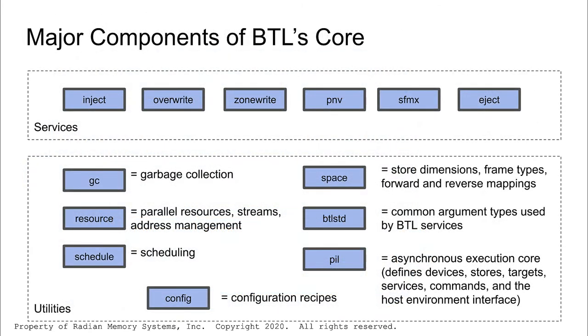The services we just talked about define the core logic of BTL. They don't implement everything that they need directly, of course. All of them rely on a number of other utility components to do much of the heavy lifting.